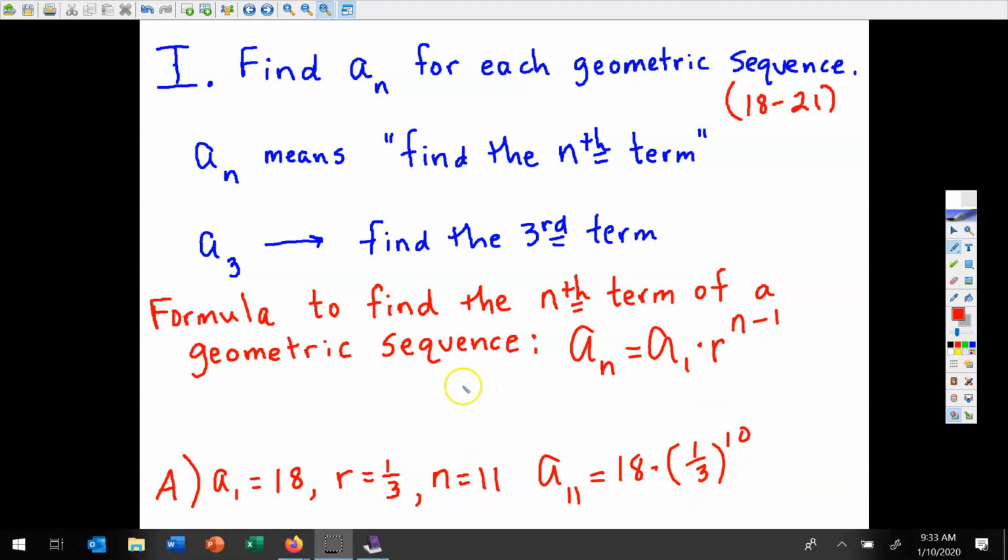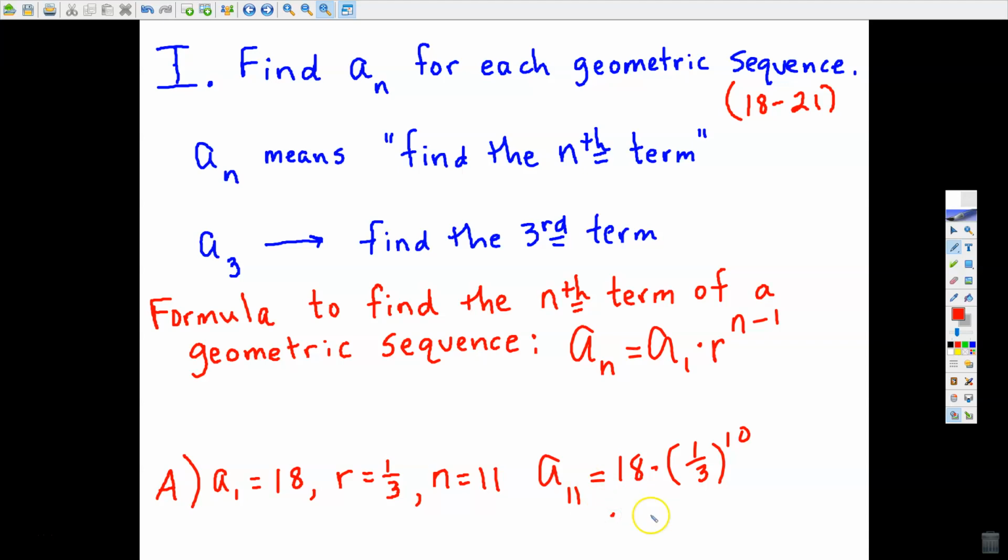They don't really tell you how to round these, and for numbers like this, there's an answer in the book similar to this, and it's to 7 decimal places. I would say at least 7 decimal places. That should be what is showing on your calculator display, 0.0003048 32, and that represents the 11th term in this particular geometric sequence.